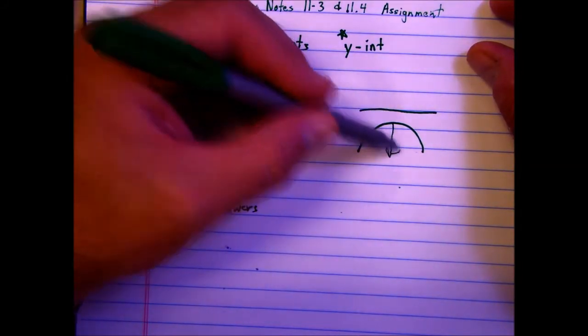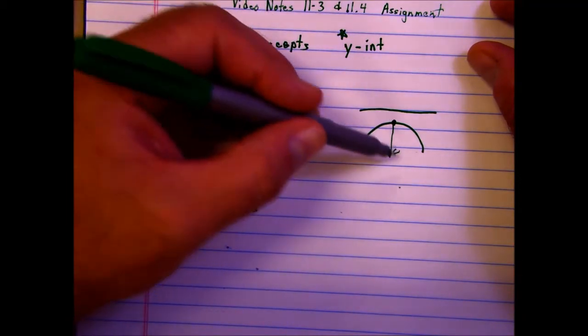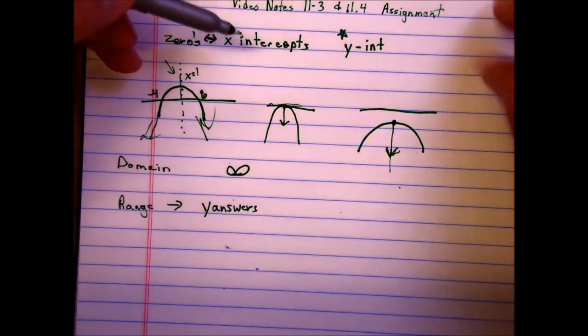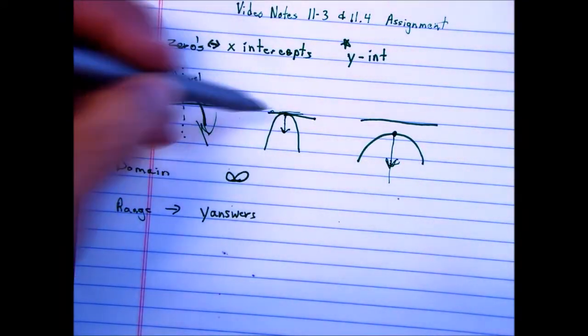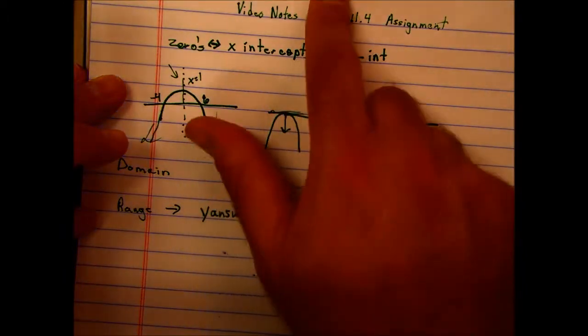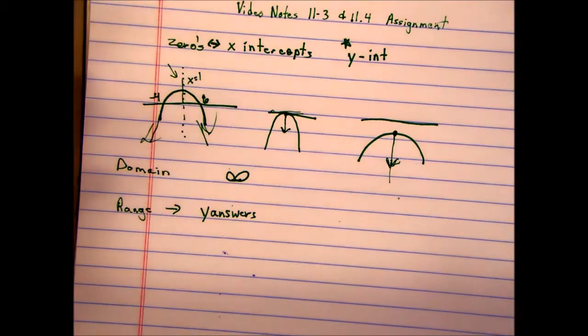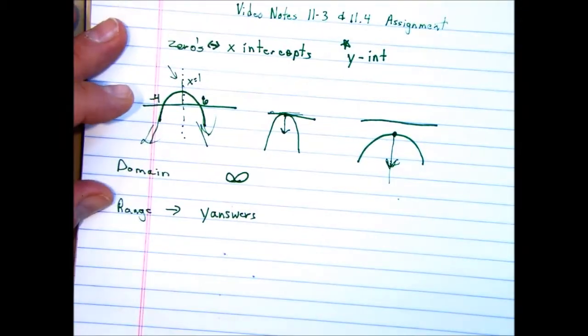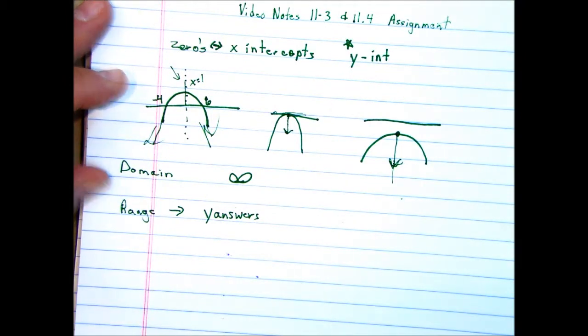Whatever this number was here for y, all of my y's would be lower than that because the parabola is opening down. If the parabola was opening up, all of my y's would be greater than that number. Okay, so understanding what direction the parabola is going at and what the value of my y's are tells me what my range is.